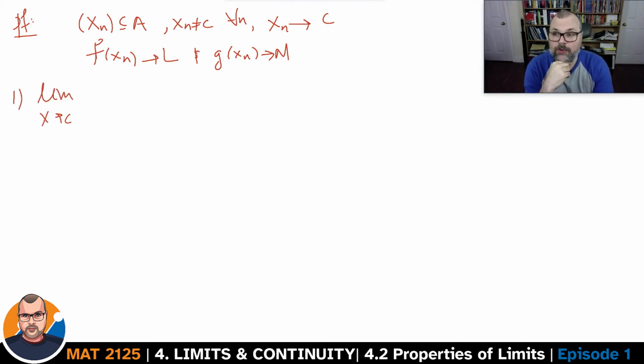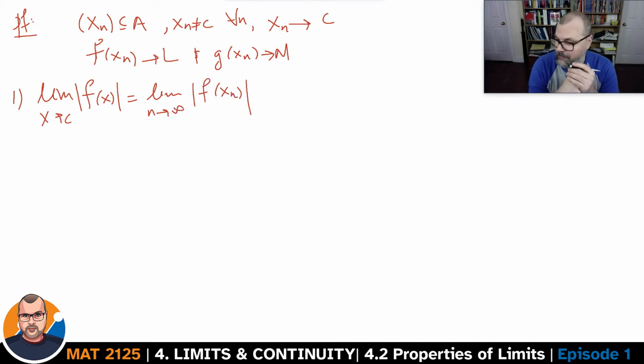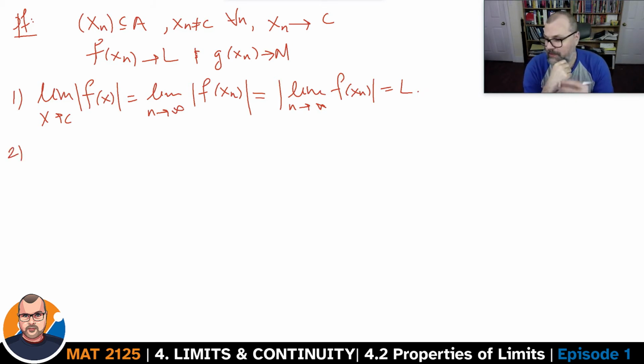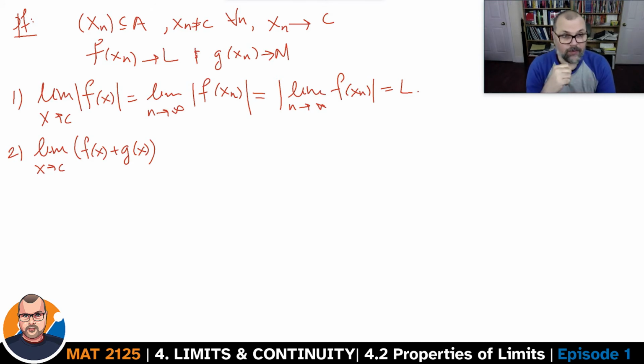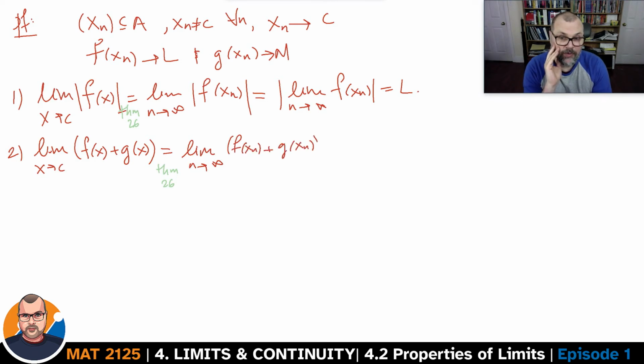The limit when x goes to c of the absolute value of f at x would be the limit when n goes to infinity of the absolute value of f at xn, which by the property of absolute value, the limit is the absolute value of L. The second statement, the limit when x goes to c of the sum, would be, according to Theorem 26, the same thing: the limit when n goes to infinity of f at xn plus g at xn, because the sequence xn was arbitrary.